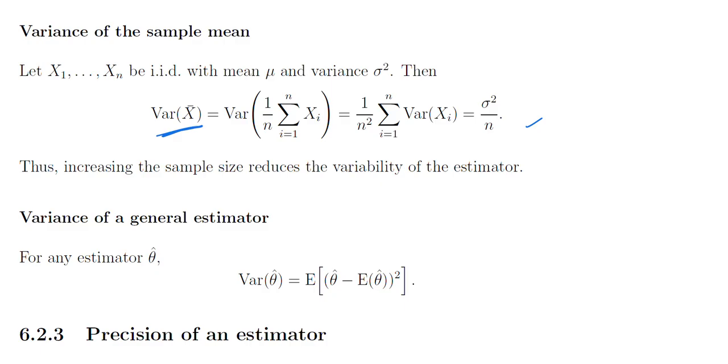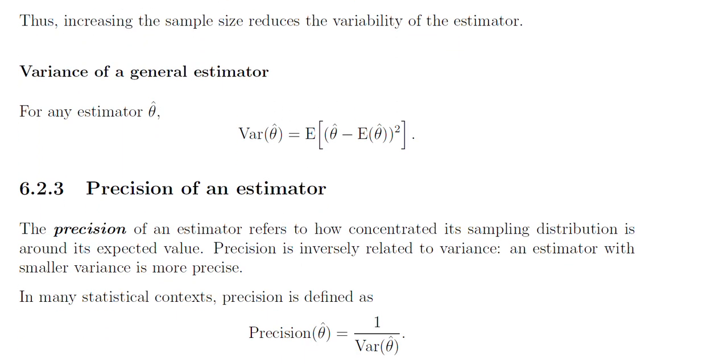That's one property. The other property of an estimator is having good precision. The precision tells us about the variability of the estimator. So if the estimator has a large variability, then it's not a good estimator.